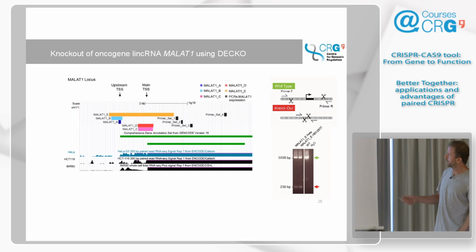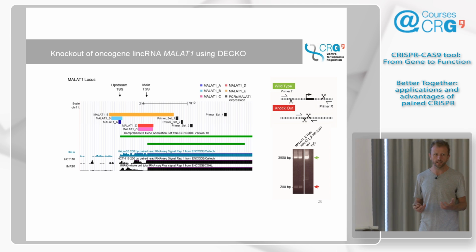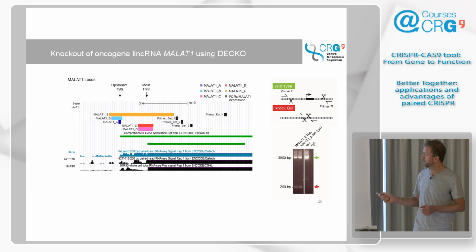We transfected these different constructs, selected cells, looked at the expression, and genotyped these cells. Here you can see the shorter band, as you expected from the knockout alleles. We managed to derive some cell lines which were homozygous knockout for the promoter of MALAT1.